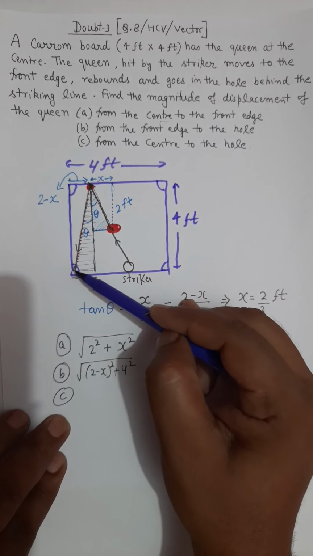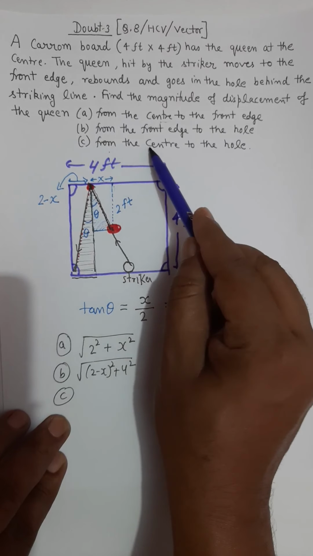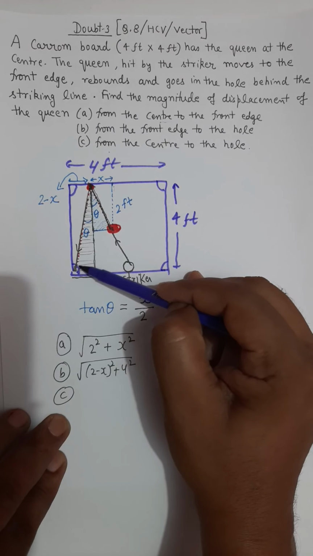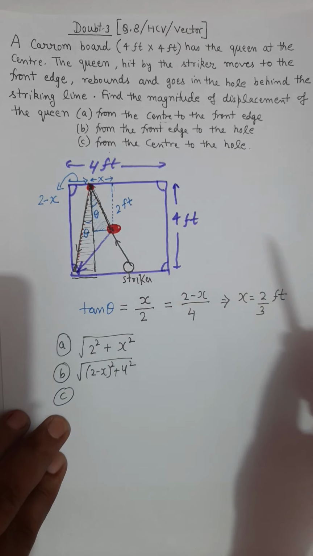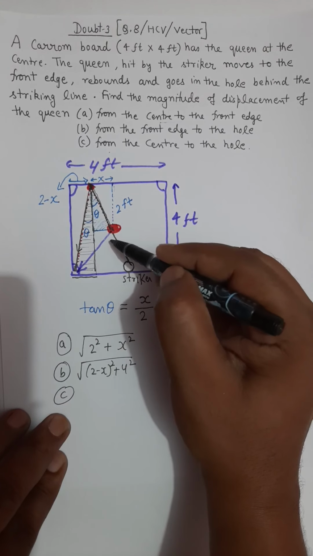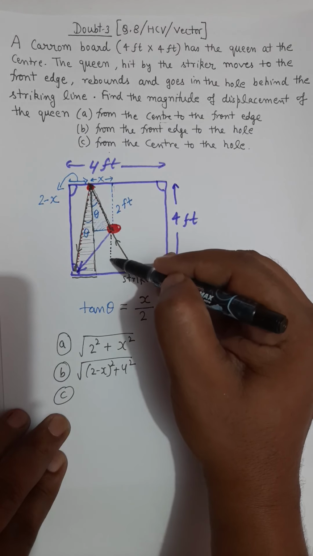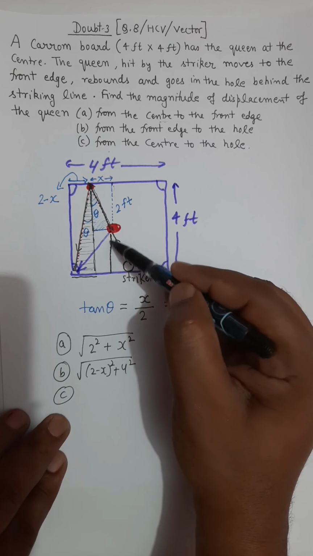And then this length from the center to the hole, they are asking about this distance. This is the part C. Well, this can be obtained by dropping a perpendicular from here. So this length will be again 2 feet.